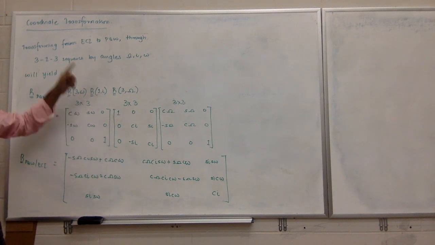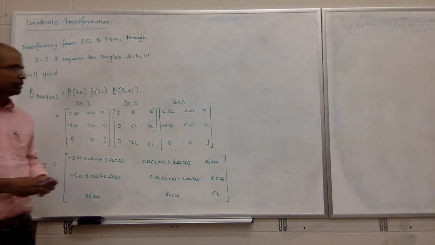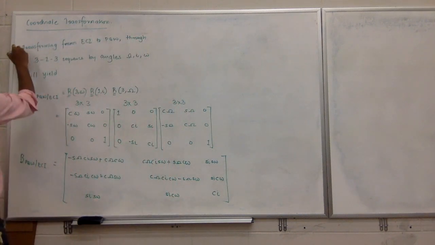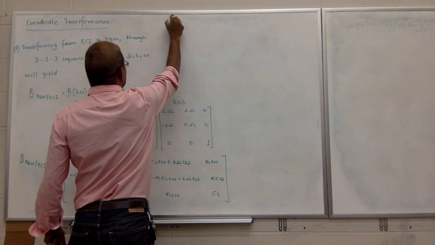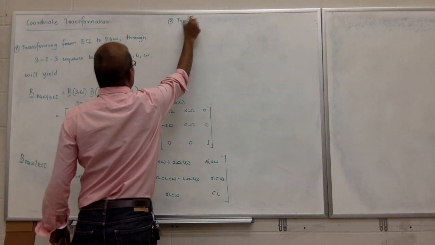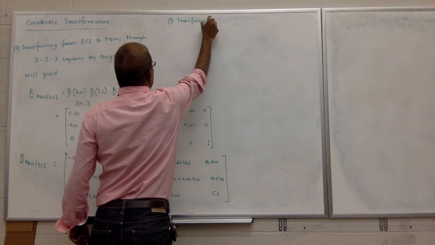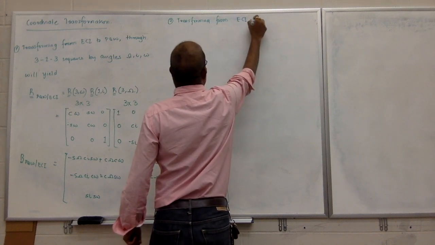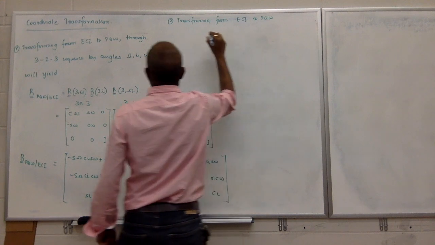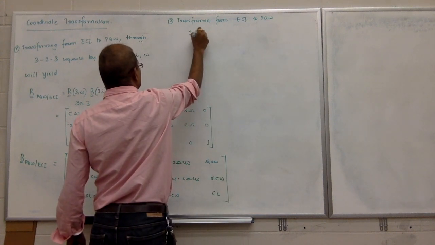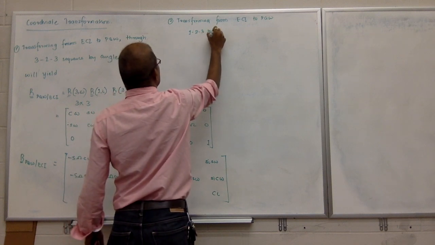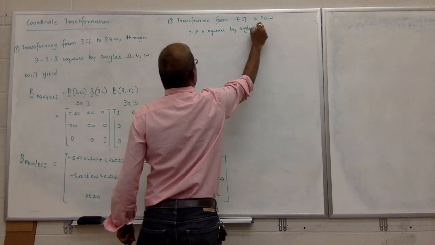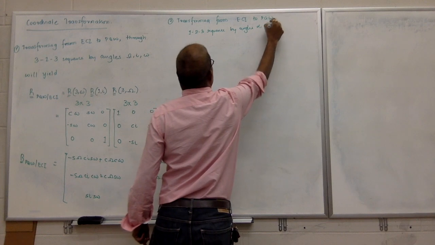If the sequence changes to 1, 2, 3, so let's say this is 1, the second would be, let's say again you're transforming from ECI to PQW, but you're using rotation sequence 1, 2, 3 by angles alpha, beta, gamma.